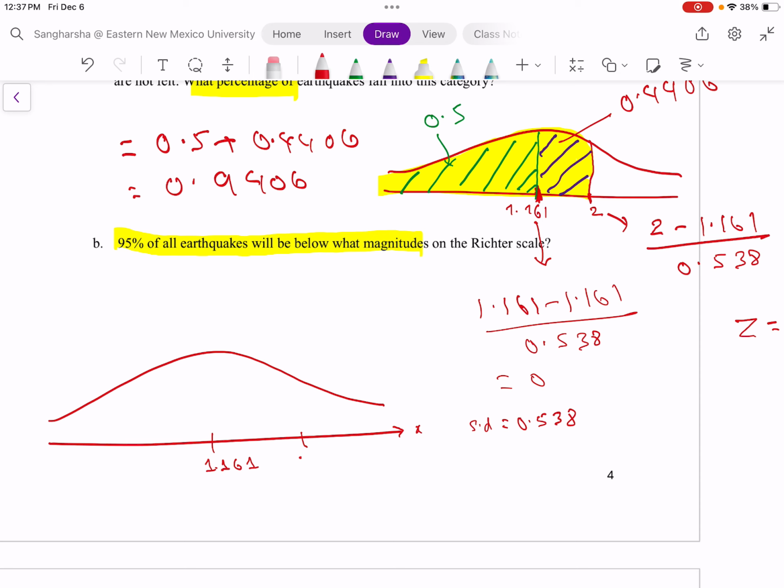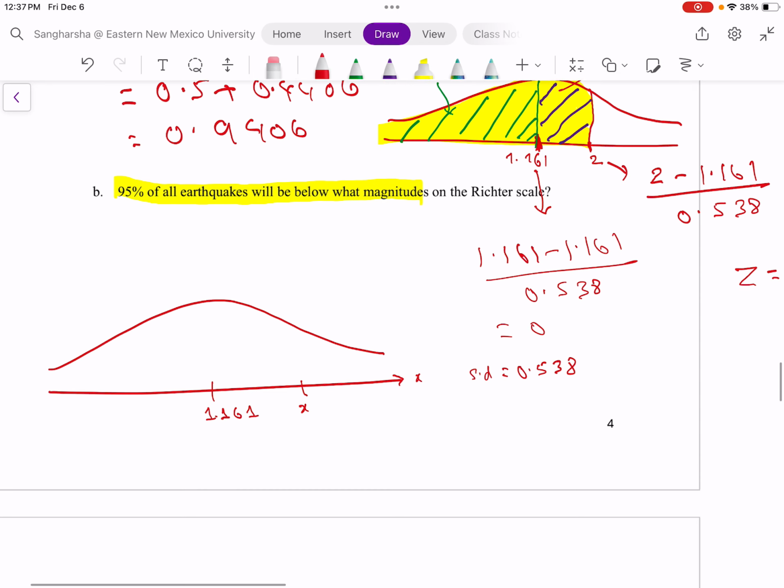We don't know what it is, but we know that 95% of the earthquakes fall below this magnitude x. It means the area we are interested in is this area, which is given to us as 0.95, and our target is finding x.